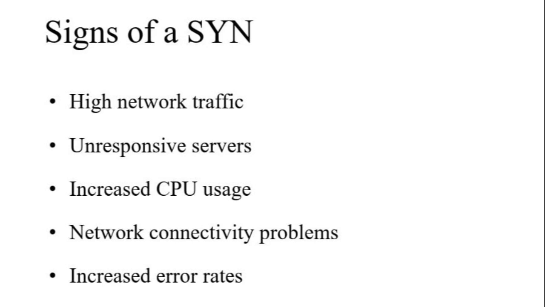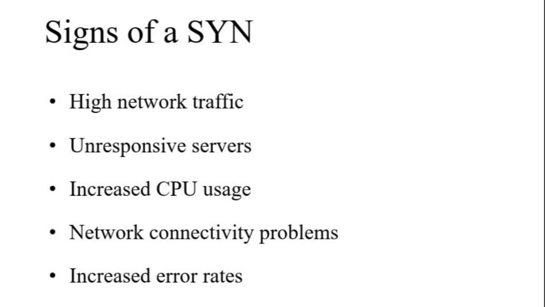And the last one is increased error rates. An increase in the number of errors or timeouts from a server can indicate a synchronized flood attack, as the server is being overwhelmed by incoming synchronized packets and is unable to process incoming requests.